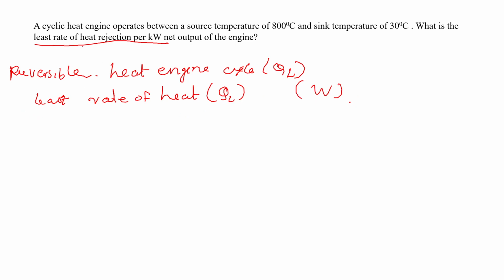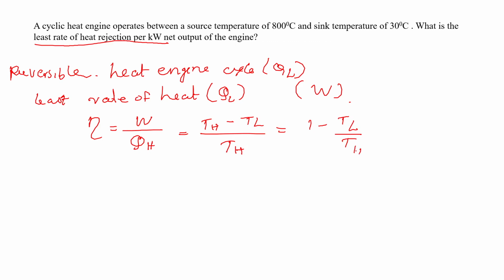For a reversible heat engine, the efficiency eta will be work done divided by QH, which you can write as (TH minus TL) divided by TH, that is, 1 minus TL divided by TH.